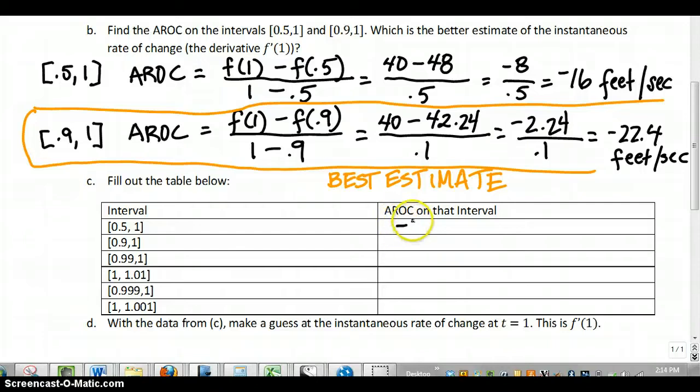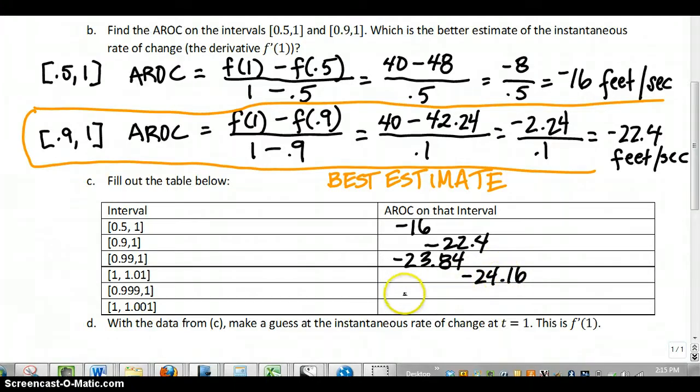The first two we did together, so -16 and -22.4. From 0.99 to 1, we'd have -23.84, so that's an even smaller interval. Now we flip over to an interval on the other side, from 1 to a tiny bit more than 1. That's going to give us -24.16.